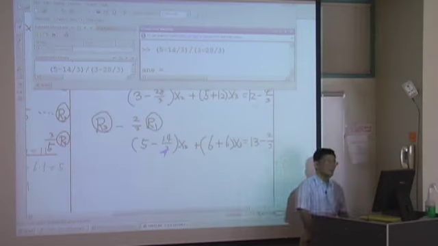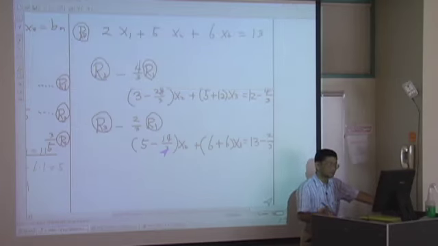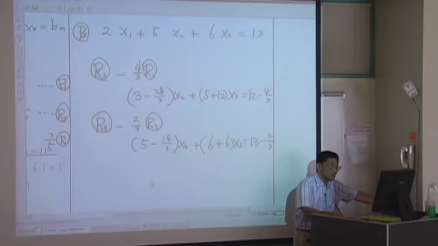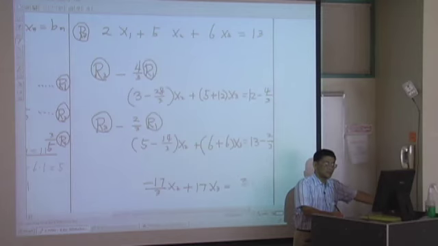I will do it directly, because as you can see, if we simplify the first one, then it is 9 minus 28, so minus 17 over 3 x2, and this is 17 x3, and this is about 36 minus 4. 36 minus 4 is what? 32 over 3.